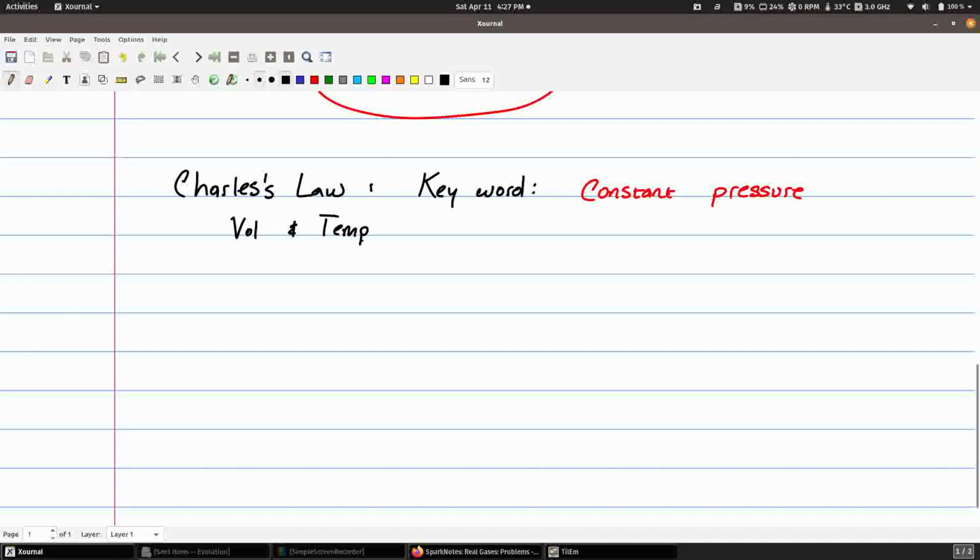Alright, so we have volume and temperature. So let's plug in volume and temperature. Say if 23 liters of gas at 300 Kelvin. Actually, let's do this in 23 degrees Celsius at constant pressure.